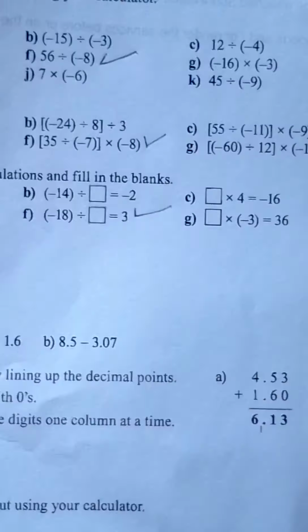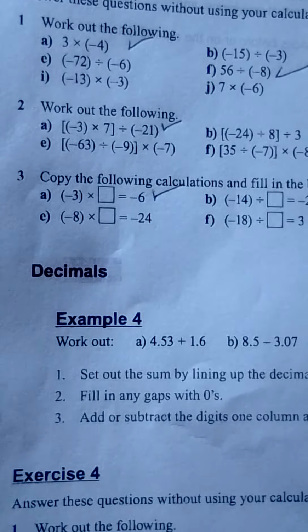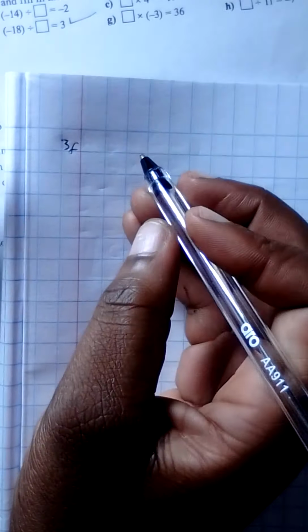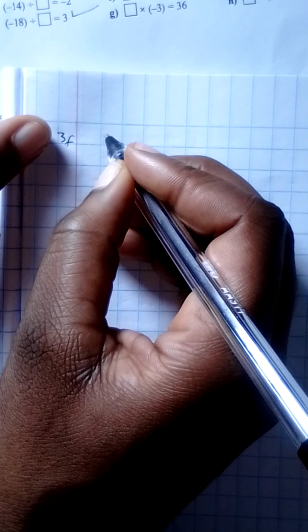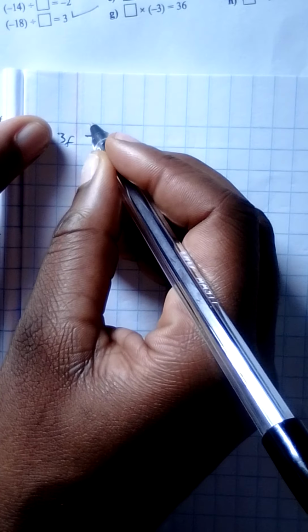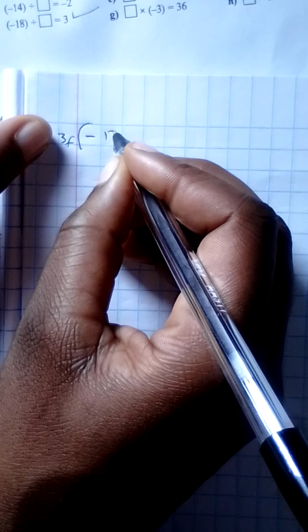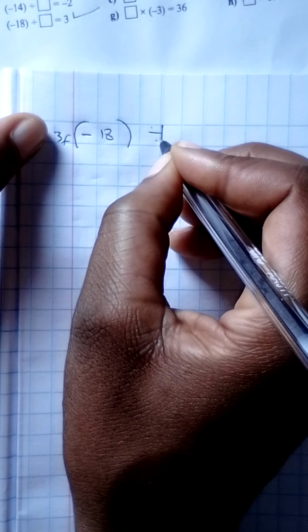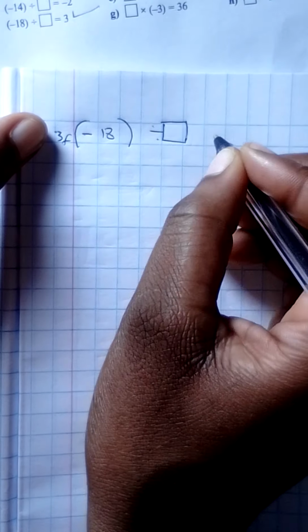Now let's take a look at our last example, which we said is gonna be question number F, 3F, right? This is our last example. 3F is saying open bracket, minus 18, close bracket, divide by blank is equals to 3.